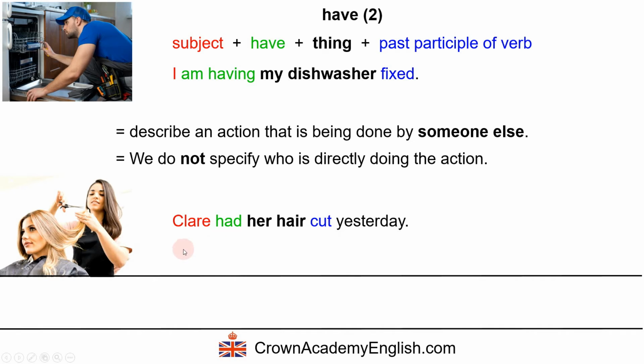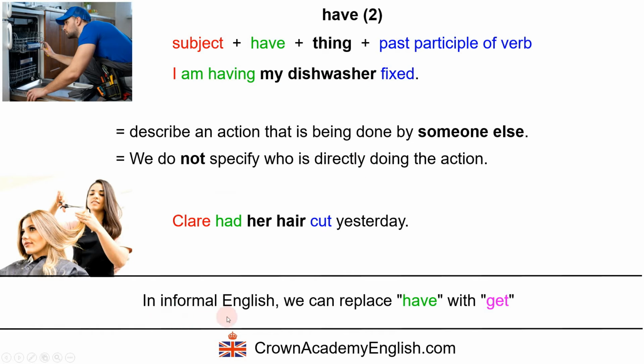And it's not really important for us to say who this person is. It's understood, we already know that it's obviously going to be a hairdresser. The person's name is not important. So we use this form.